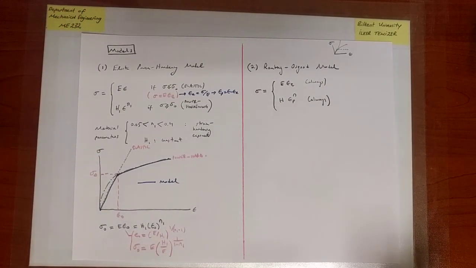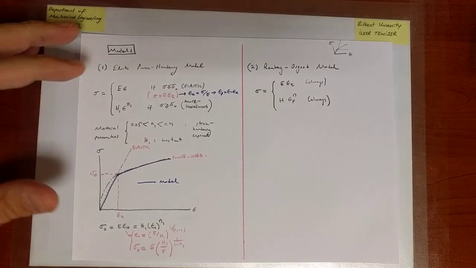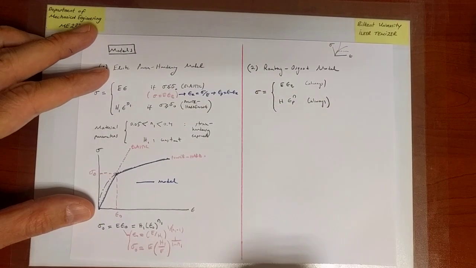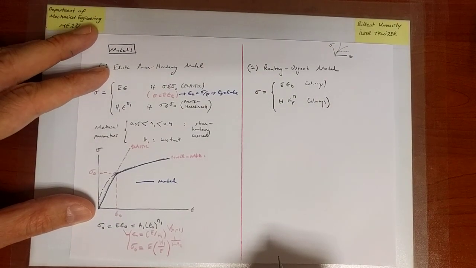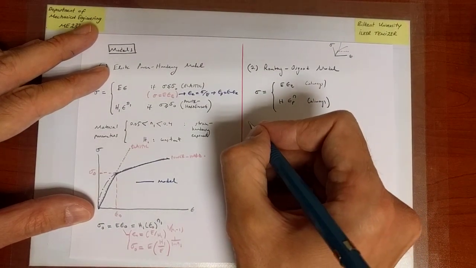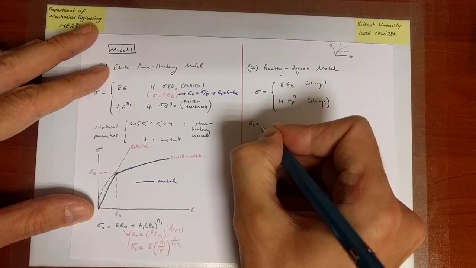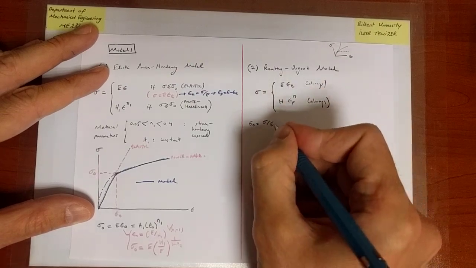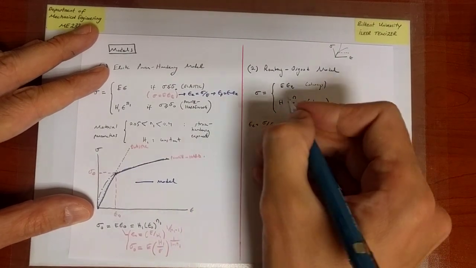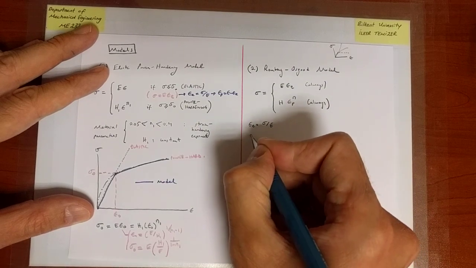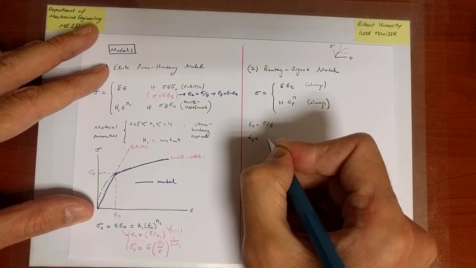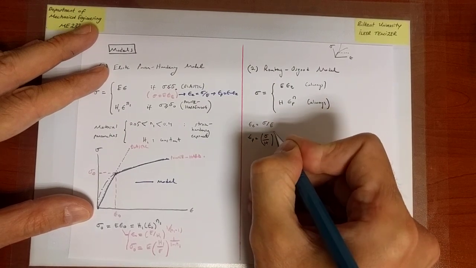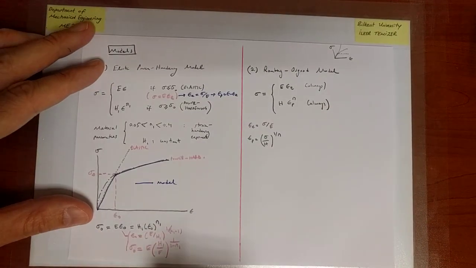Well, you give me the strain and I'll tell you what the stress is. That's my goal. But you give me the strain, I don't know the elastic and plastic portions, and therefore I cannot tell you what the stress is. So I seem to be stuck at first sight, but we don't panic and just go ahead and first calculate the elastic portion of the strain, which is simply sigma over E. And we can also extract from this proposed relation the plastic portion of the strain, which is simply sigma over H raised to the power 1 over n.